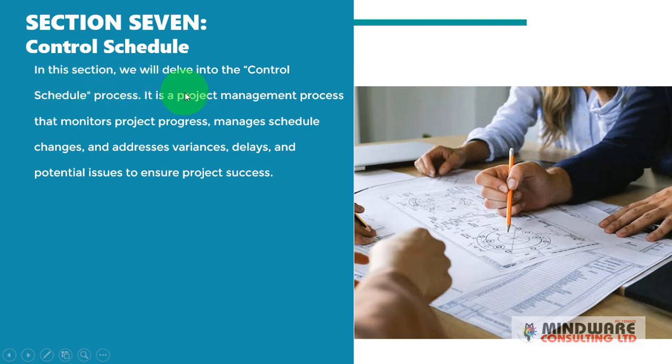Now in this section we'll delve into the control schedule process. It is a project management process that monitors project progress, manages schedule changes, and addresses variances, delays, and potential issues to ensure project success. So what this means is that the whole project management process hinges on control schedule, because here you're able to monitor how the project is progressing.